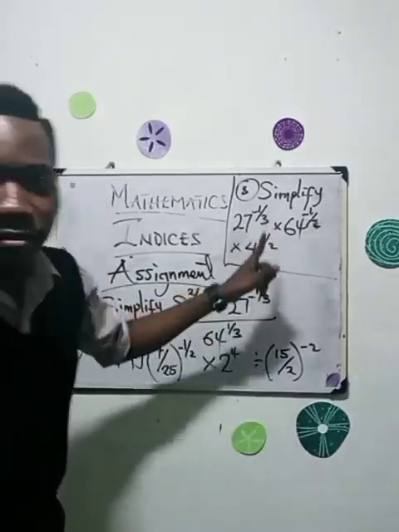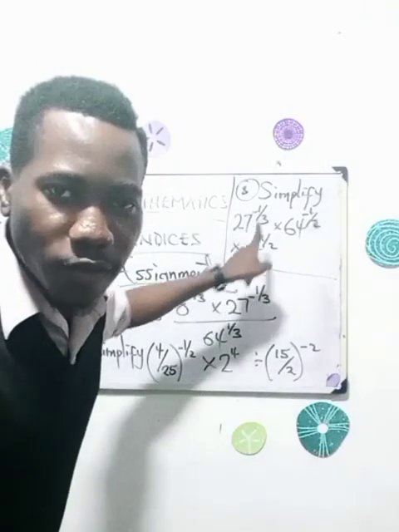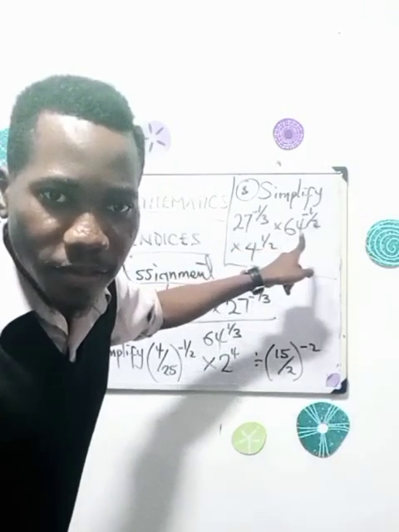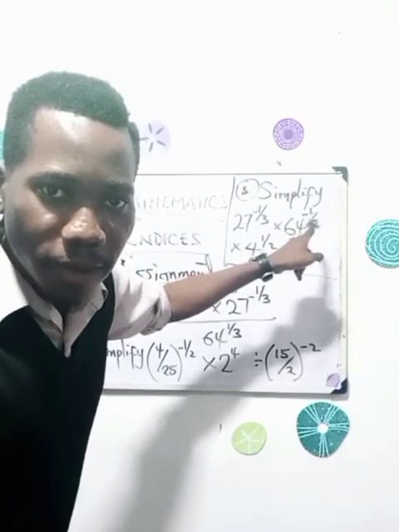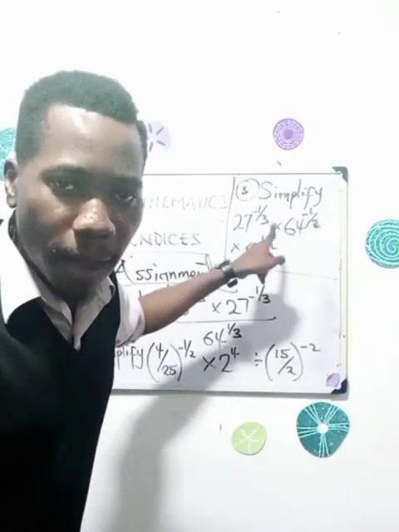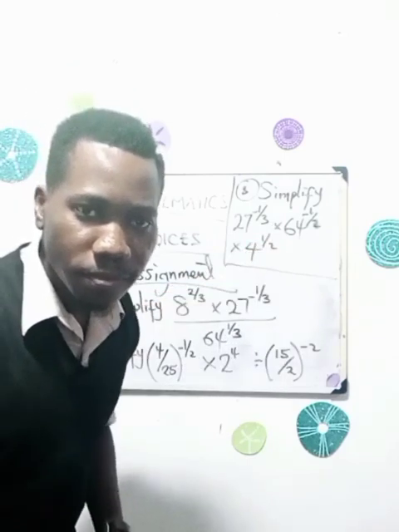So simplify this: 27 raised to the power of minus 1 over 3 times 64 raised to the power of minus 3 over 2 times 4 raised to the power of 1 over 2.